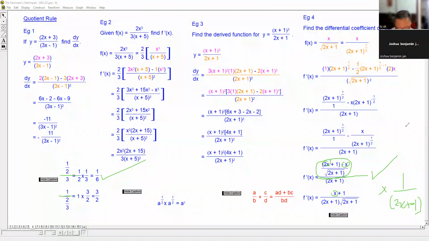So this is the negative x minus 2x, it does not become negative 2x. Which one are you referring to? This one? The upper one, yes. Okay. 2x minus x becomes x. Plus 1 is plus 1.